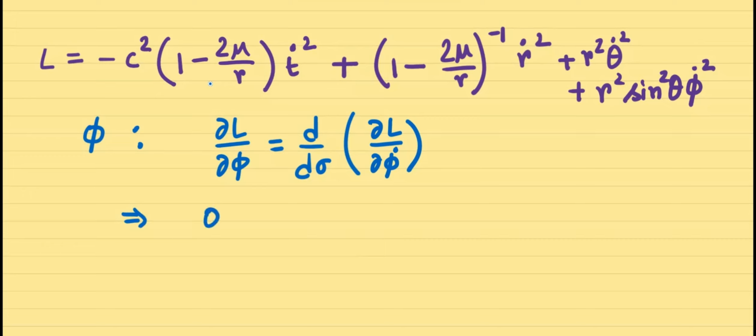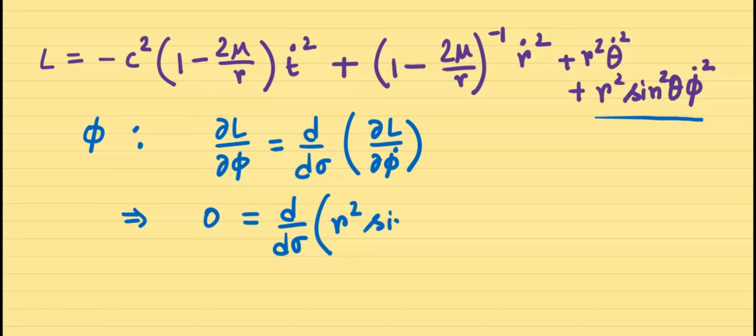That's why the left hand side is 0. So on the other side we have d d sigma acting on the derivative of the Lagrangian with respect to phi dot, and it will act only on the last term here. So we have r squared sine squared theta, and then 2 times phi dot.